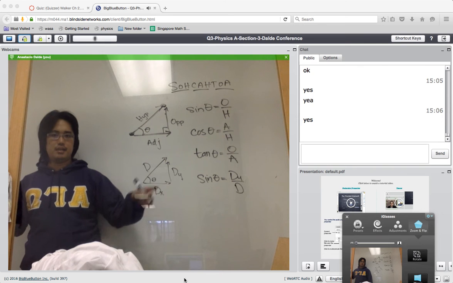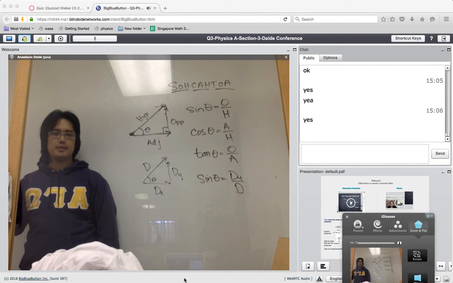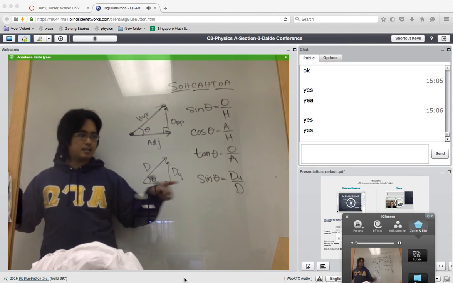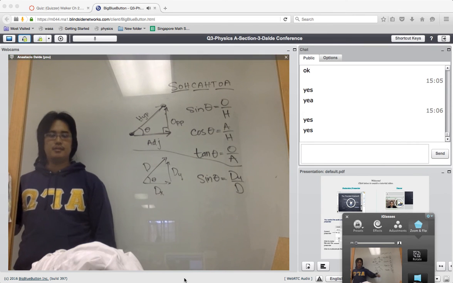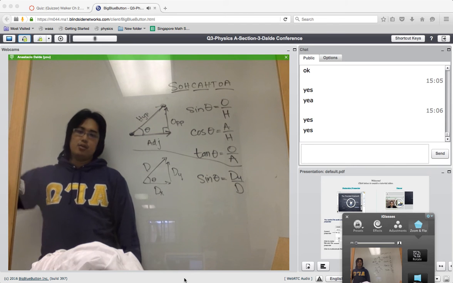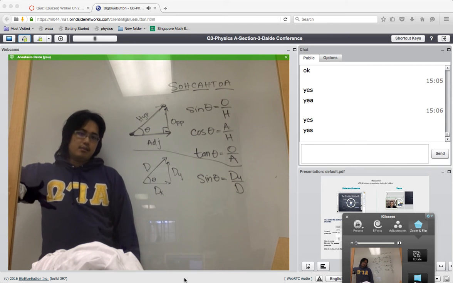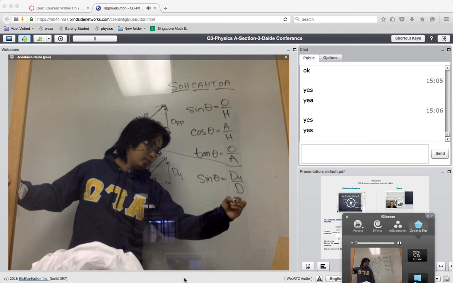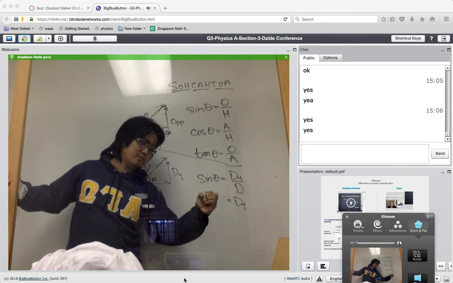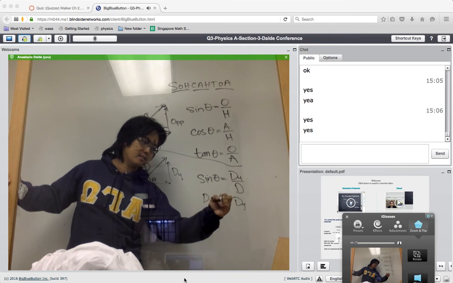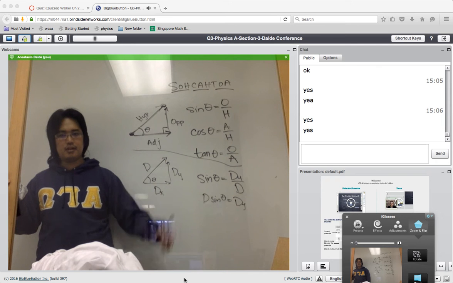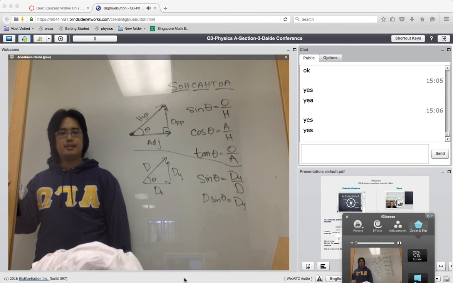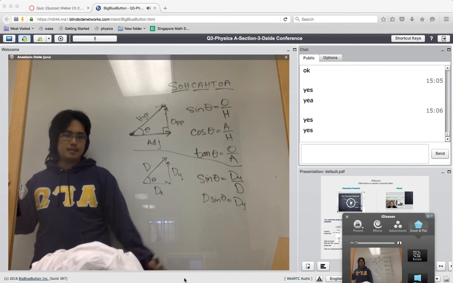You see what I did there? This is applying to this second triangle right here, the one on the bottom. And then you wanted to find out what is dy? Well, dy is equal to d sine theta. All I did was multiply d to both sides, took that d from under there and put it on the top. Does that make sense?